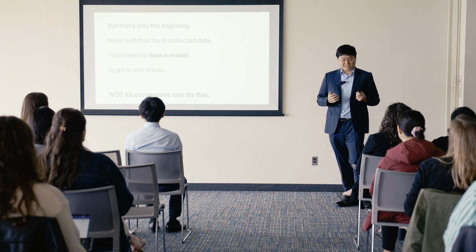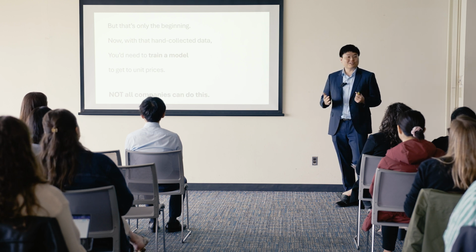Typically, a contract involves 30 to 40 items, so you need to repeat this process 30 to 40 times if you're interested in one contract. Usually, companies are interested in multiple contracts, so you need to repeat this whole process multiple times. What's more, that's only the beginning.